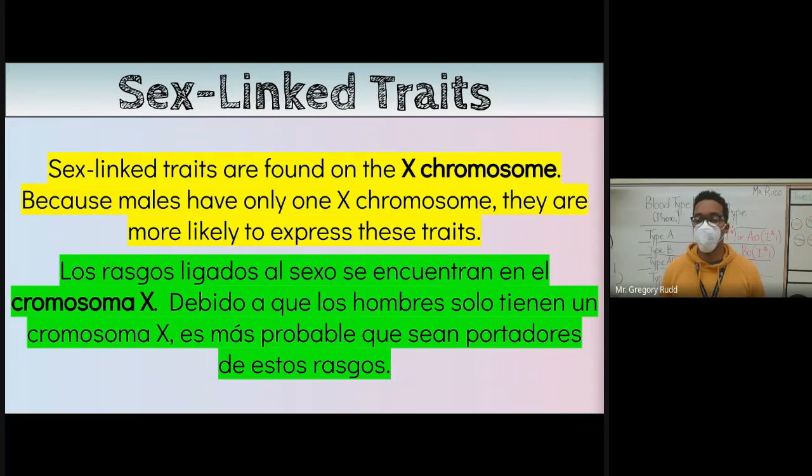A man or a person who is born male has a 50% chance of expressing a sex-linked trait. A person who is born female only has a 33% chance, and we'll see exactly why that is. So males are more likely to express sex-linked traits because they only have one X chromosome.